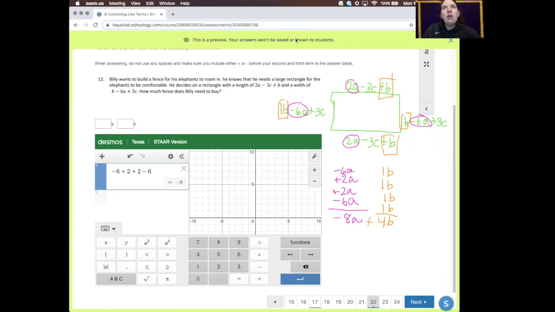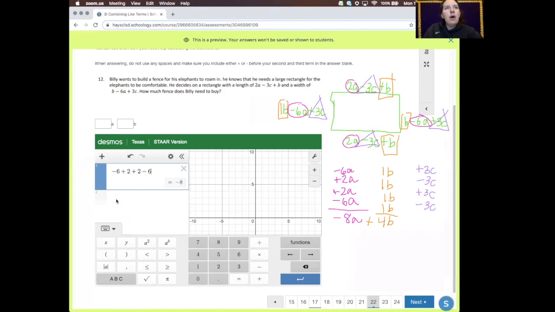And then for our last thing, we've got c. So I have plus 3c, minus 3c, plus 3c, minus 3c. If we look at our answer, we see that there's not a box for the c's.